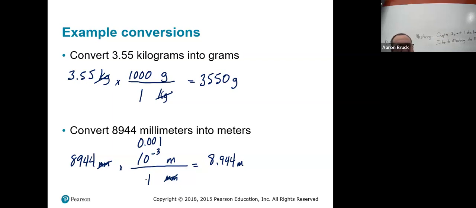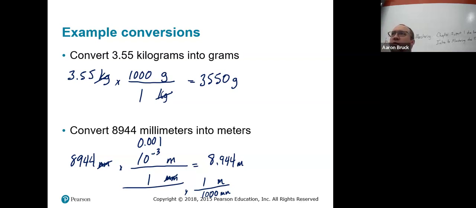Now, the other approach to this, if you don't like dealing with the decimals and the scientific notation, the other way that you could have done this was... If you like working in hard numbers as opposed to decimals or scientific notation, you could easily convert that into numbers that are a little bit easier to put into your calculator.